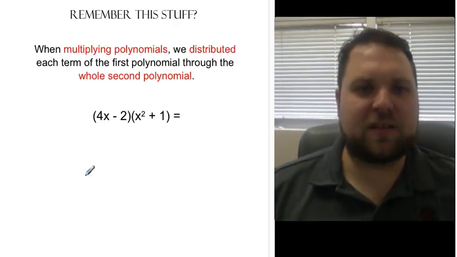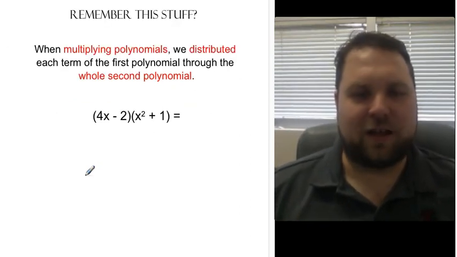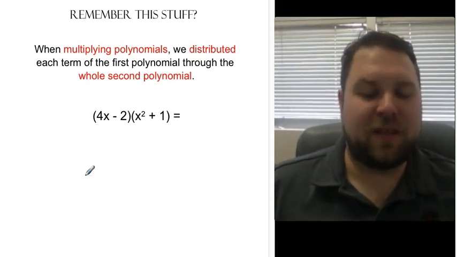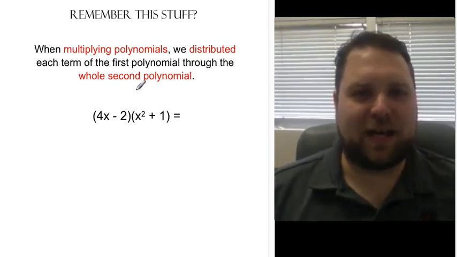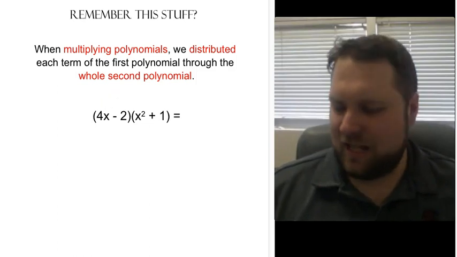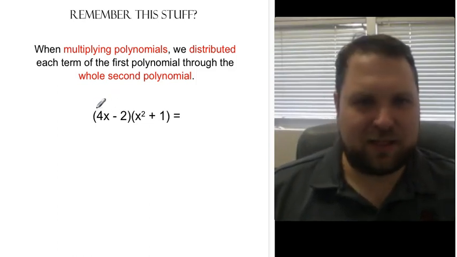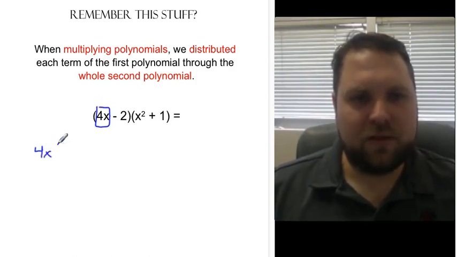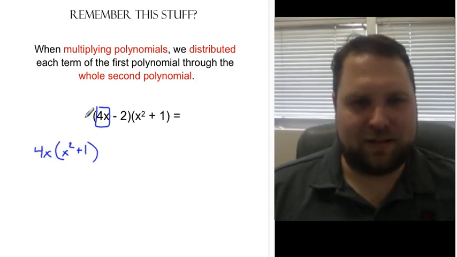So let's start with just a refresher on multiplying polynomials. So when I had a binomial times a binomial, remember what I did was that I ended up distributing each term of the first polynomial throughout the entire second polynomial.